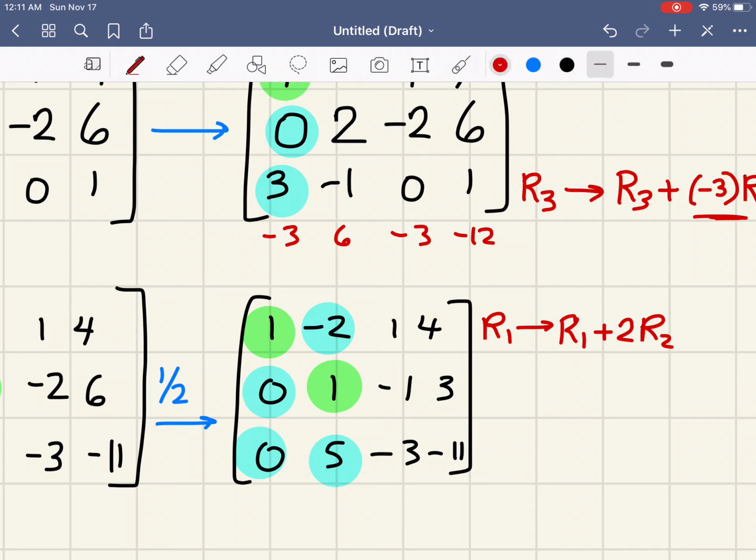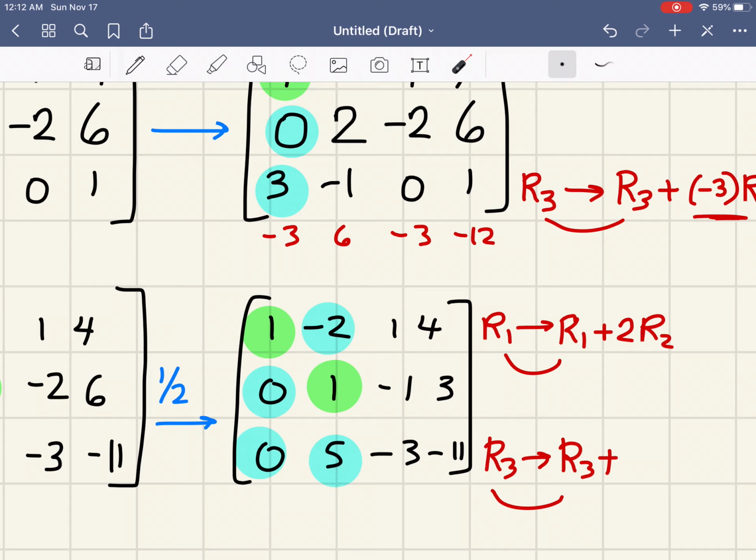I also want to do row 3, replace that with what now? Well, I want to replace it with row 3, and I like to repeat like I do here, plus what? So to zero this 5 out, I want to add it with -5 times row 2.